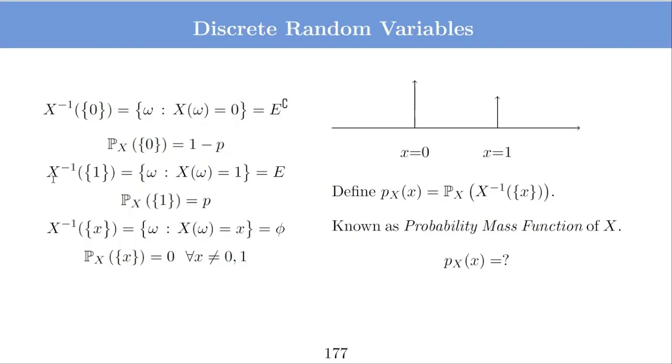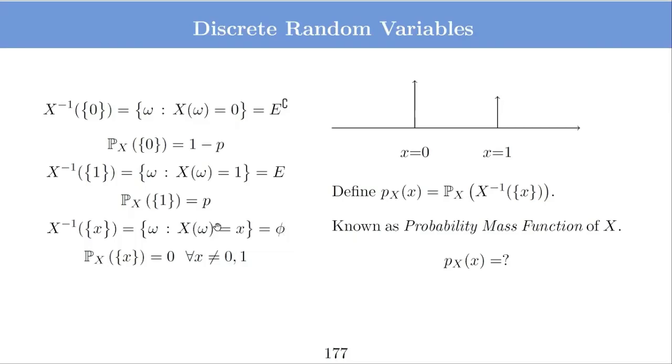Similarly, the pre-image of singleton element 1 is all elements which map to 1, and that is just E. So the probability of this set is the probability of E, which is P. And if you take any other singleton set, the probability of X would be the probability that all elements map to X. Because the outcomes only map to 0 and 1, if you ask how many elements map to another element X, the answer would be empty.